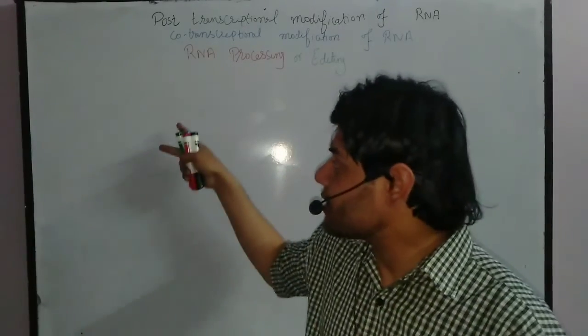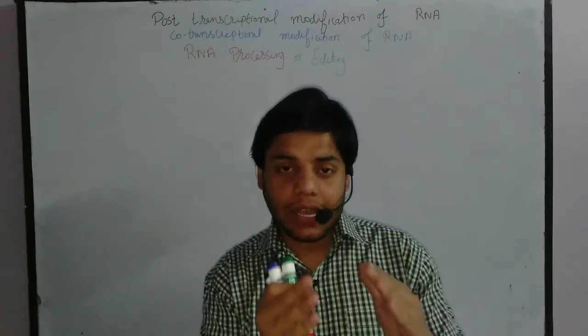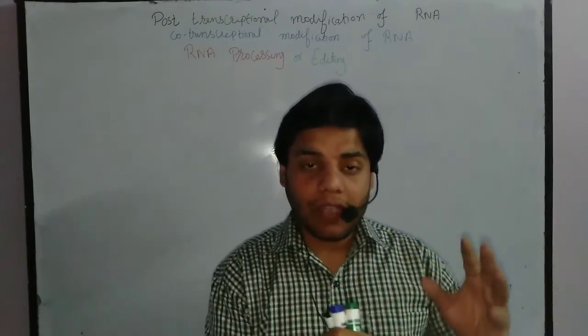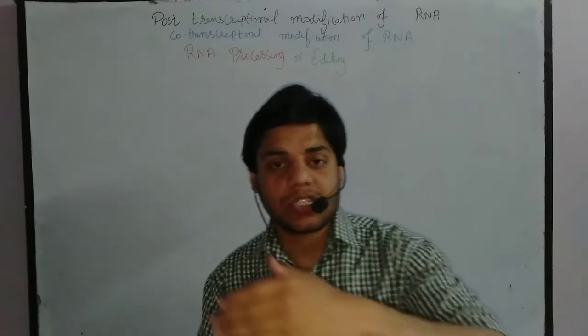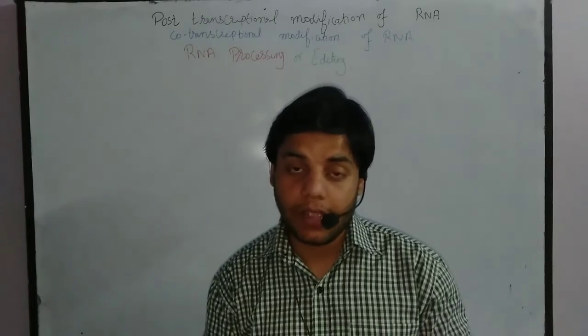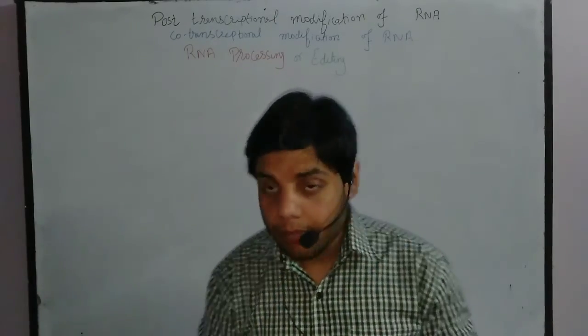The RNA which is synthesized during transcription gets matured. There are some changes that occur in the RNA. The changes may be 5' capping, polyadenylation (the poly A tail), or splicing.